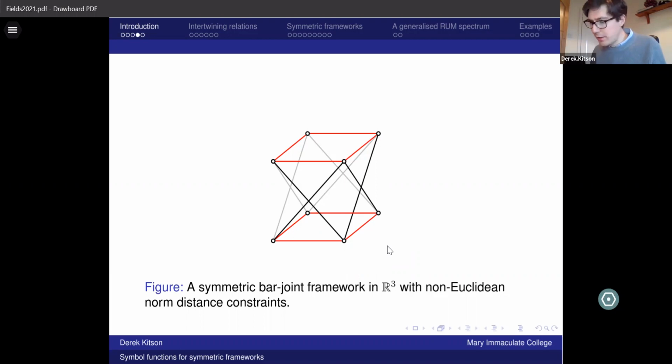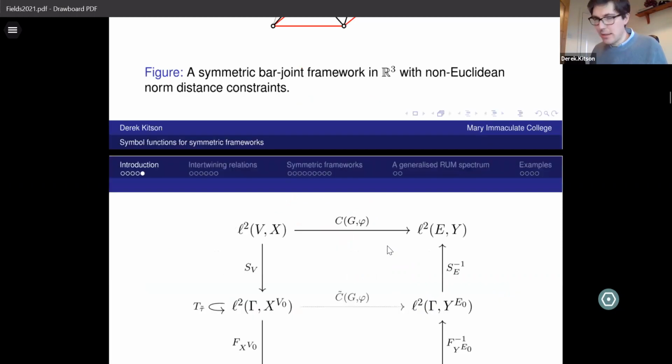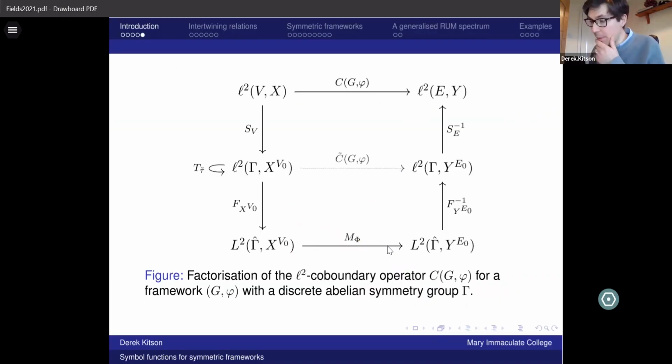What I'll do now is give you a summary of one of the main results in the paper, and I want to talk through the bits and pieces that are in it. This is a picture that you'll see in the paper, and it is basically describing a factorization for the rigidity matrix in a more general setting. It captures the periodic situation, where you have a periodic bar joint framework, say.